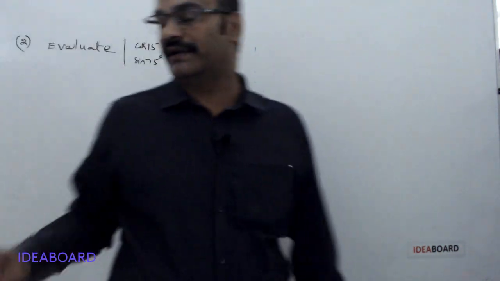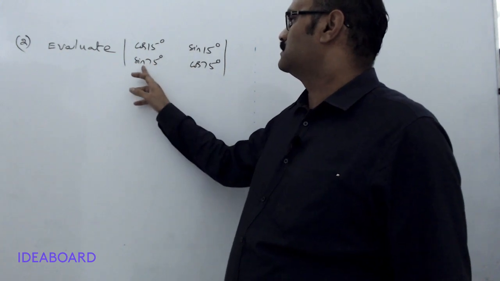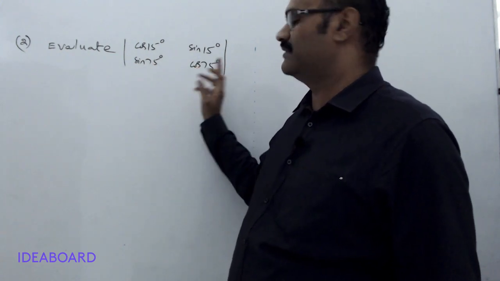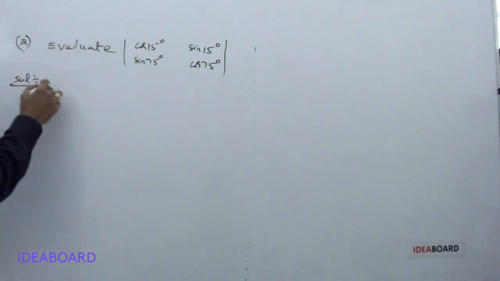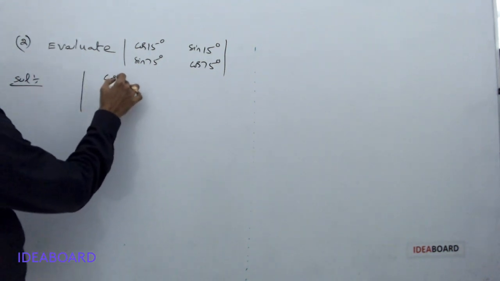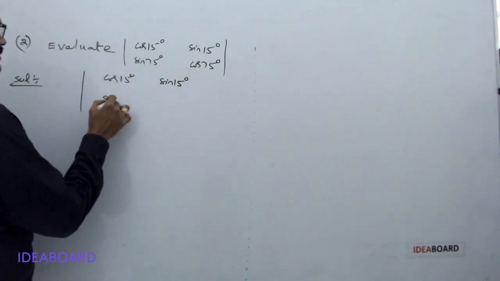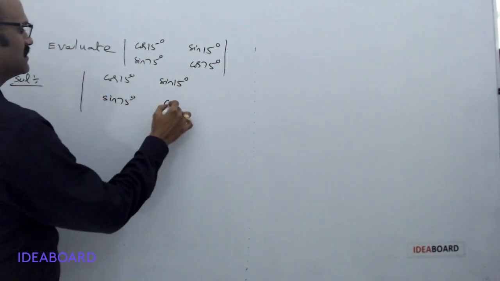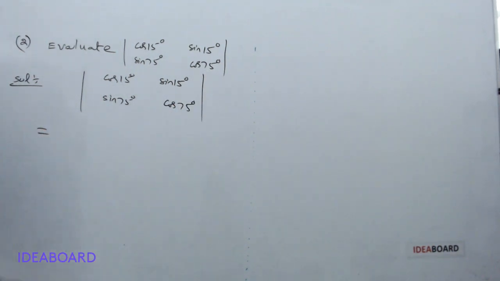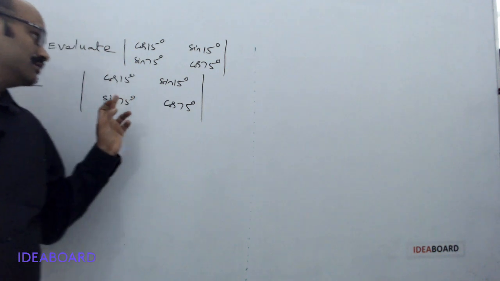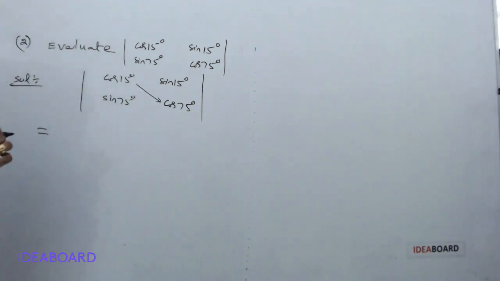Evaluate determinant of cos 15 degrees, sin 15 degrees, sin 75 degrees, cos 75 degrees. Now here we have determinant of cos 15 degrees, sin 15 degrees, sin 75 degrees, cos 75 degrees equal to product of the principal diagonal elements.